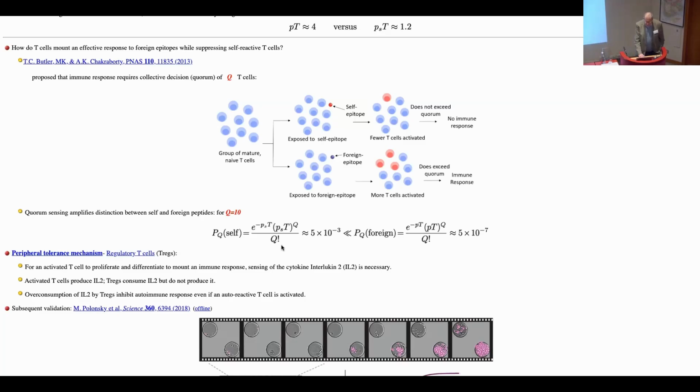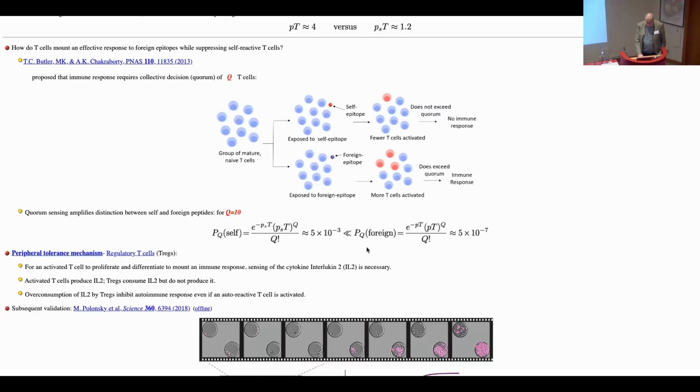And for the calculation that I showed you, rather than one cell, that was 4 versus 1.2, if I require 10 cells to make the decision in quorum, the difference between the two factors is enhanced to be something of the order of 10,000.